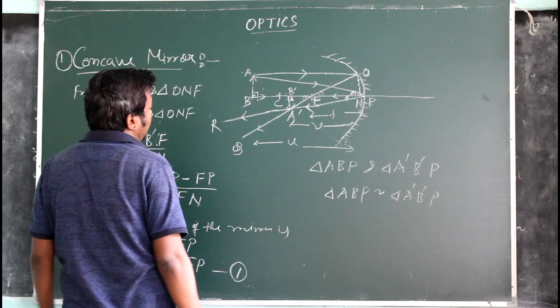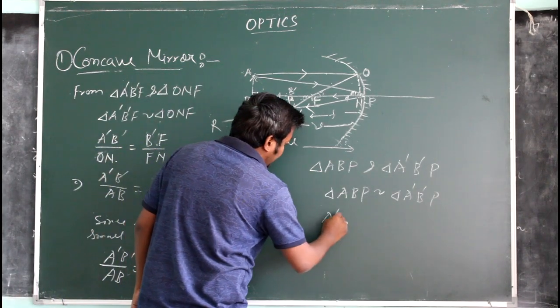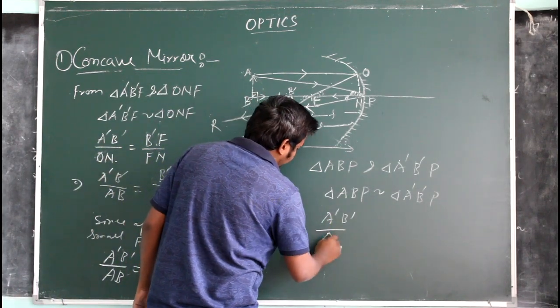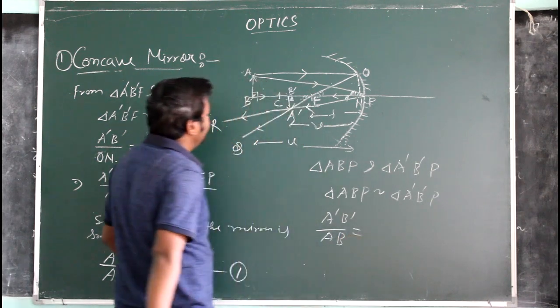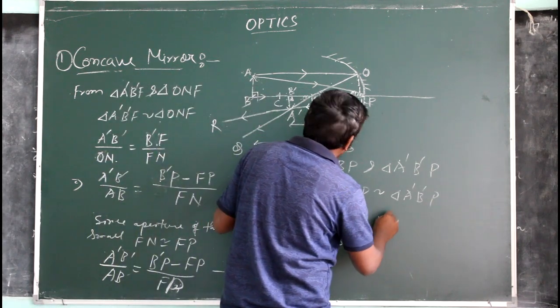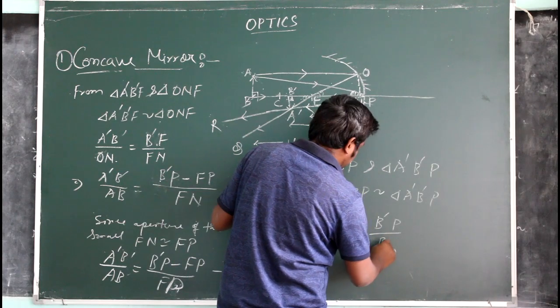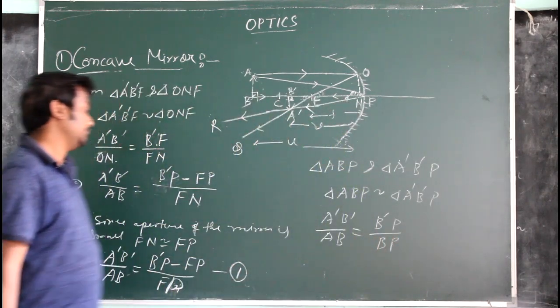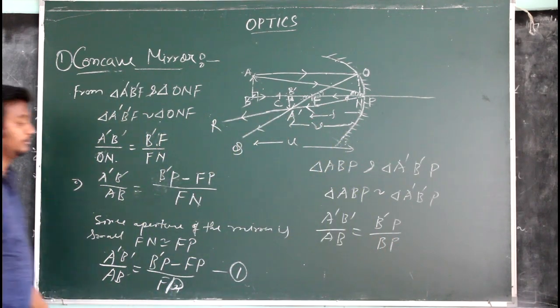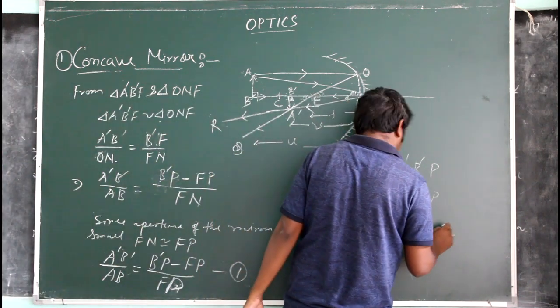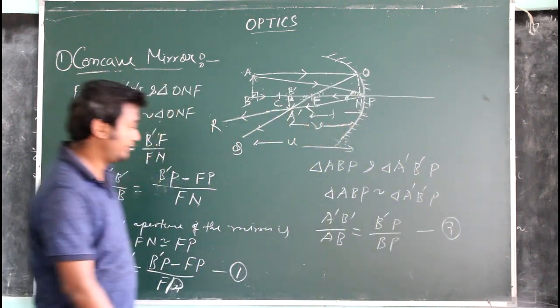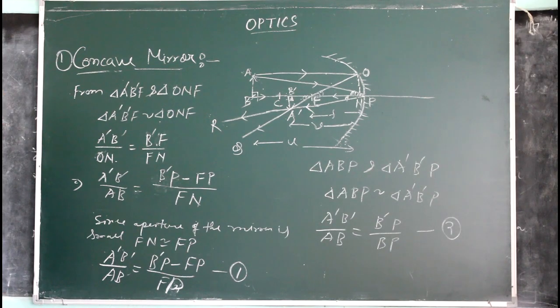If these two are similar, we can write A'B'/AB equals B'P/BP. This is equation number 2.